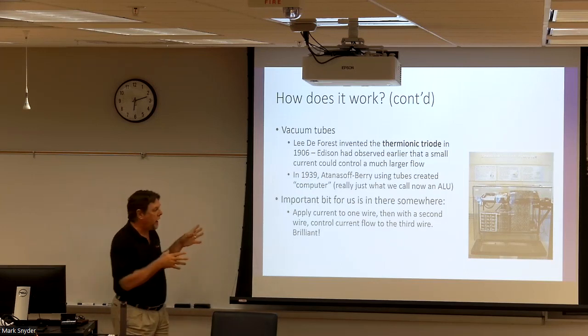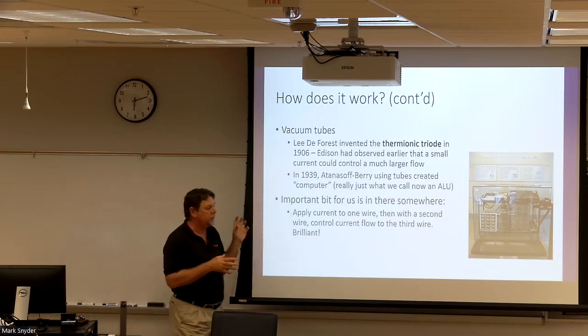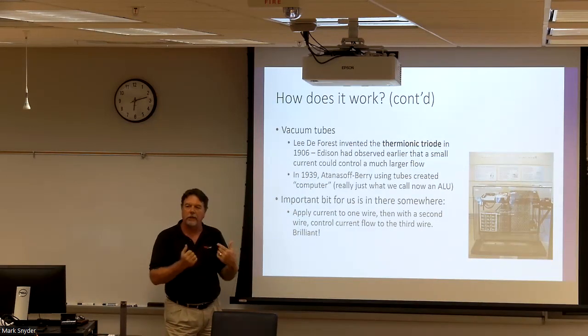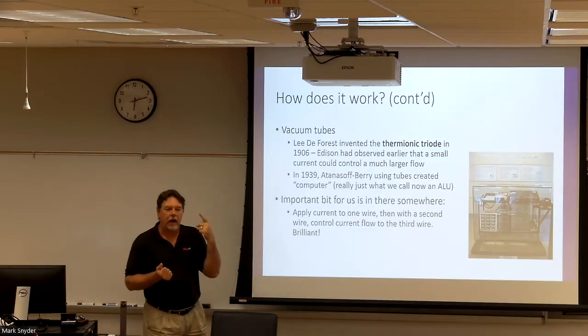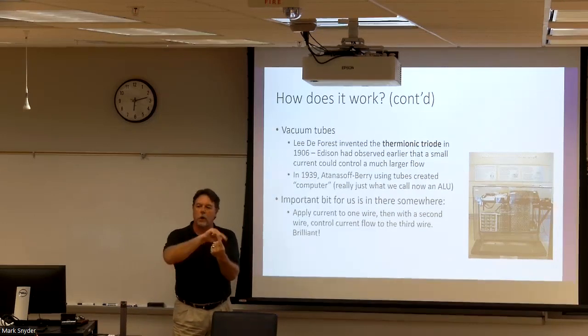But the cool thing about this is this tube is able to implement something, they have this little piece of metal in there. And what they found was if they have a positive and a negative wire and they stick them inside this vacuum tube, there's no electricity flowing across them.